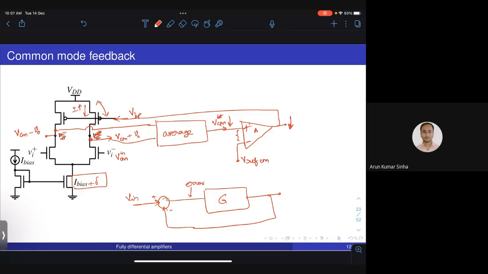Suppose the temperature increases, and because of the difference in the behavior of the PMOS and NMOS, let's say again one of them has a mismatch. This feedback will dynamically track that and make sure that the source current and the tail current are always exactly balanced, so that the amplifier is biased in saturation and you keep getting the high gain that you wanted. Okay, is this clear? Any questions about this?